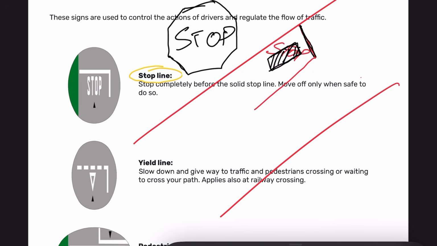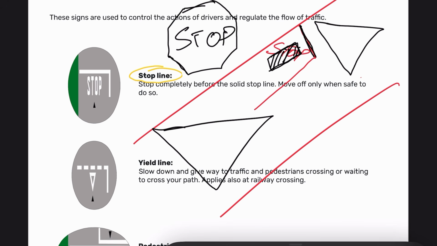You must come to a standstill before the stop line. And the yield sign looks like this. It's like a triangle that is facing down. This is your yield sign.